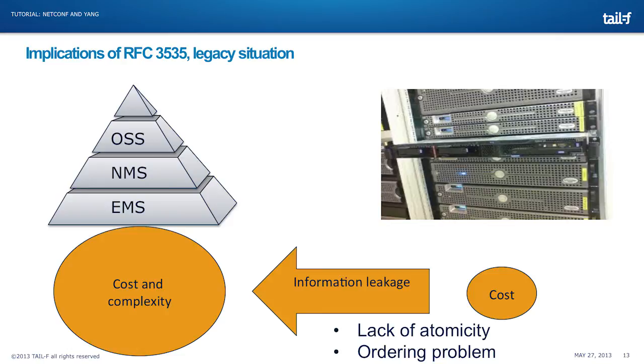But this information leakage, which forced intimate knowledge of the internals of a network device into my management stack, led to significant cost and complexity issues at the central management layer, as a result of how devices were implementing network management.